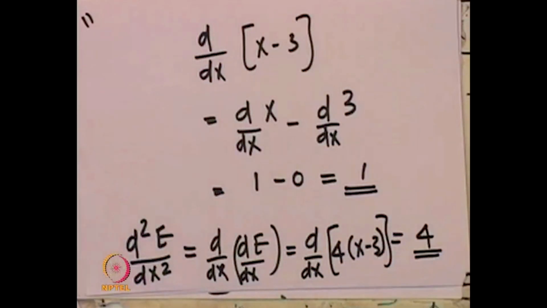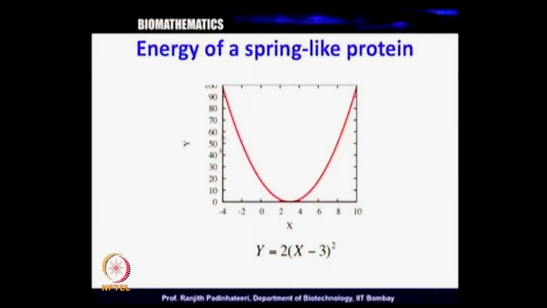The second derivative is 4, which is a positive quantity. Whenever the second derivative is positive, it means it is a minimum. Have a look at this slide here. Whenever you have a minimum, you will get the second derivative as positive.